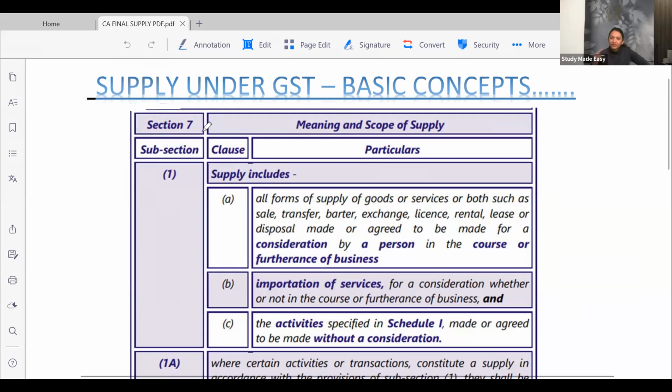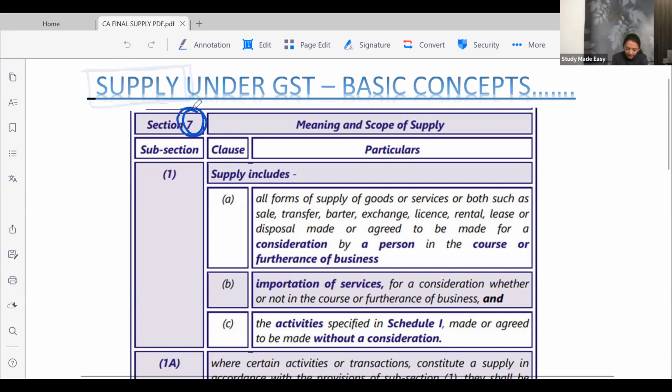Section number 7 states the definition of supply, and everyone, you have to pay attention over here. We have to understand everything right now; after the class it should be only revision. Whatever we are doing right now we have to understand, and we will try to learn also.